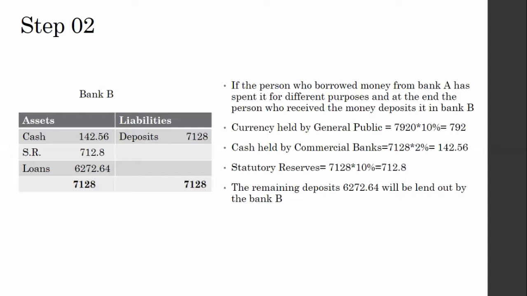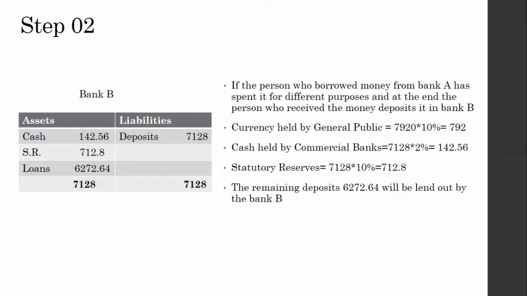From the total deposits, Bank B also has to maintain 2% of cash and 10% of statutory reserves. So 2% equals 142.56, and 10% means 712.8. So the remaining part, 6,272.64, will be loaned out by Bank B. So that is step 2.